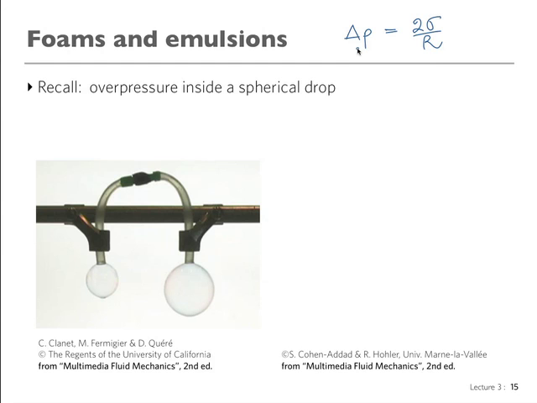So to illustrate this, let's look at a situation with soap bubbles. Now let me just note that for soap bubbles, what we have is 2 interfaces. Right? The soap bubble is a film of water with soap.